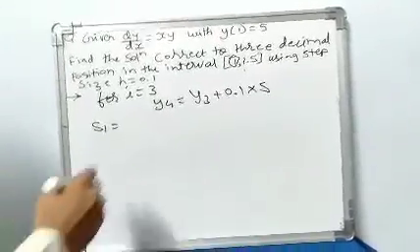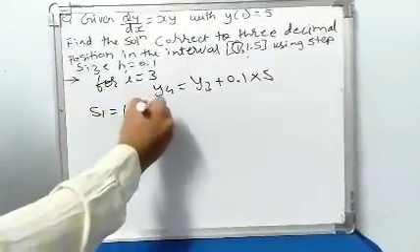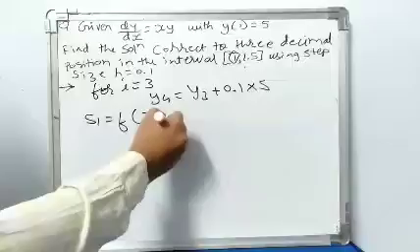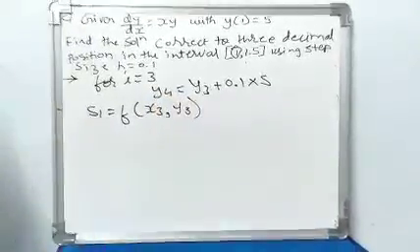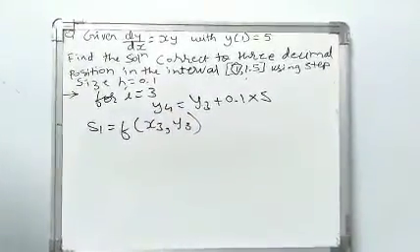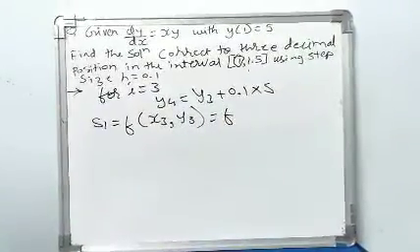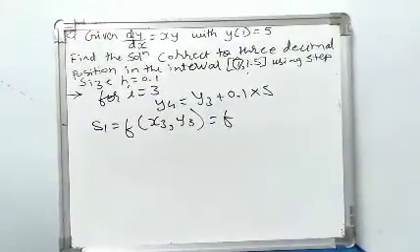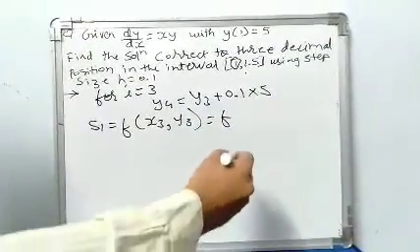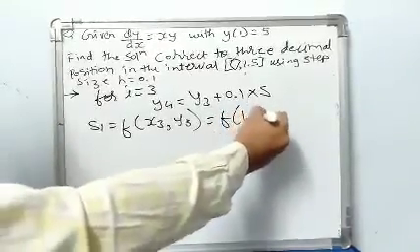So s1 is f of x3 comma y3, which is equal to f of 1.2.